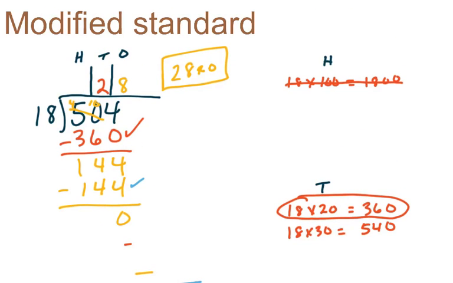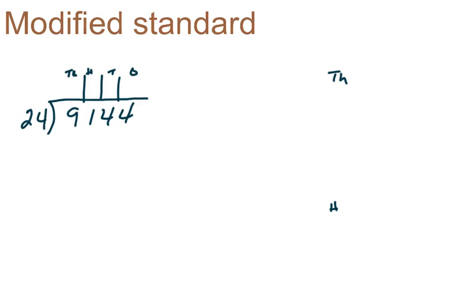So now, let's go to another example. This time, we're going to have a 4-digit dividend. So now, everything's going to be just a little different, still following that same process.